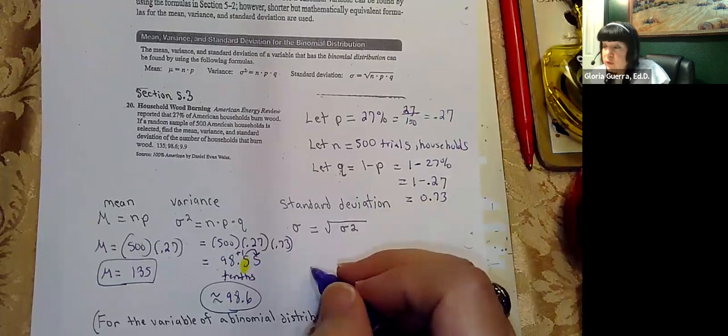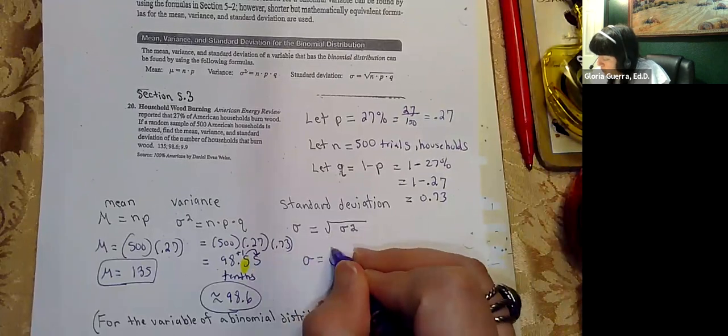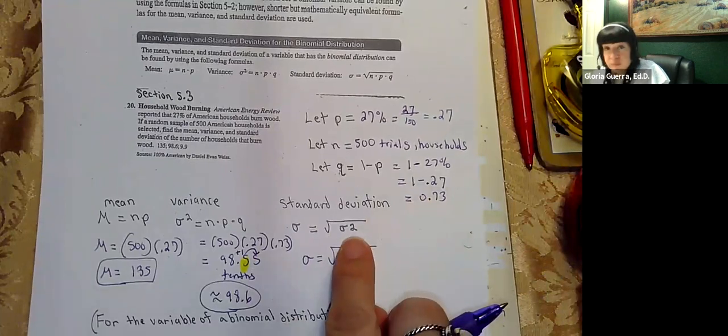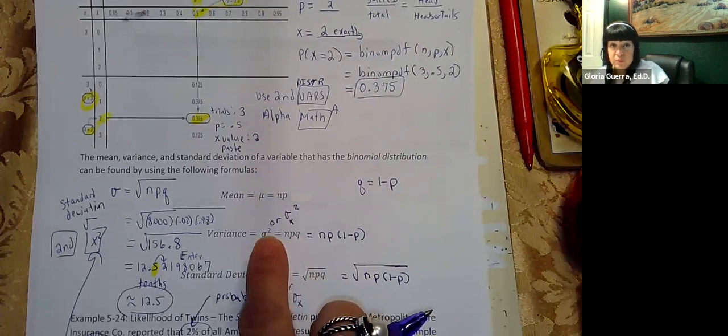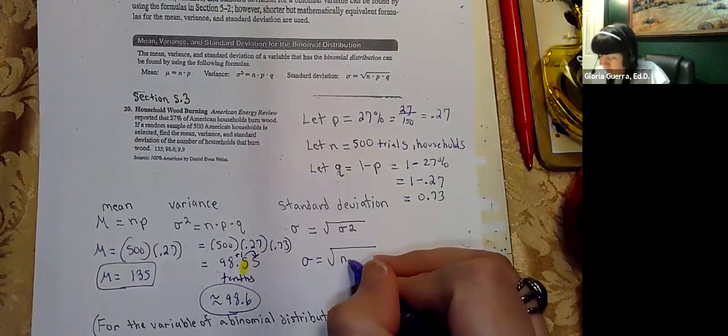And then your standard deviation, sigma, is equal to the square root. And I put sigma squared here, whereas in your workbook, they just put the square root of NPQ. But you see that NPQ is sigma squared. So that's fine. You want to be consistent.